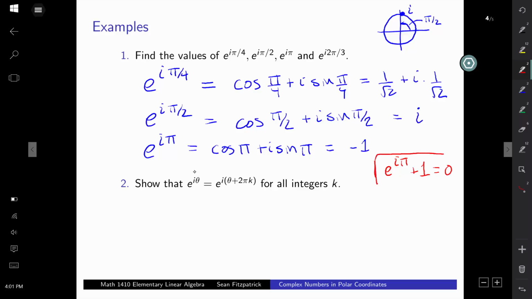The physicist Richard Feynman, this was his favorite equation of all time, and I think it's a favorite equation of a lot of people. Because if you think about what's in there, you have some of the most fundamental constants show up in this equation. You have 0, which is the additive identity. You have 1, which is the multiplicative identity.